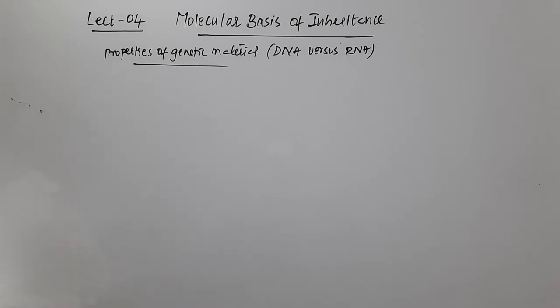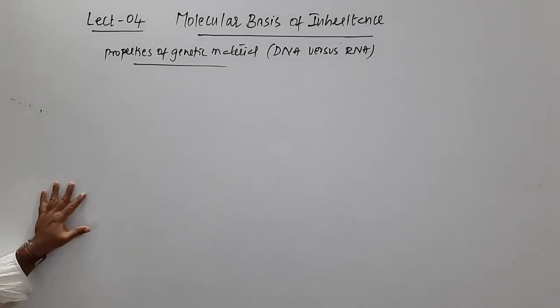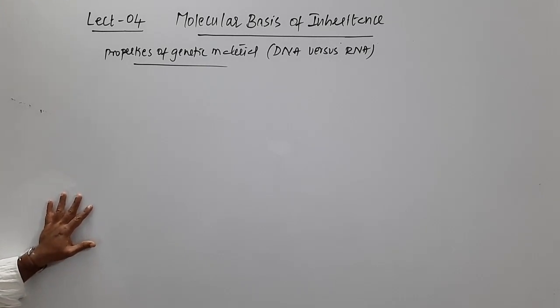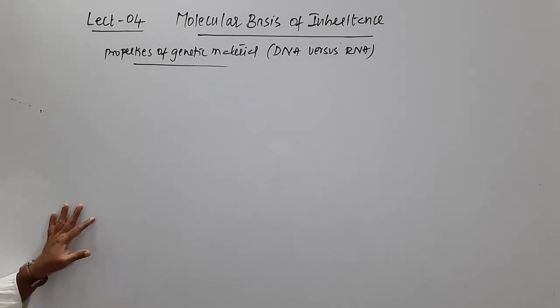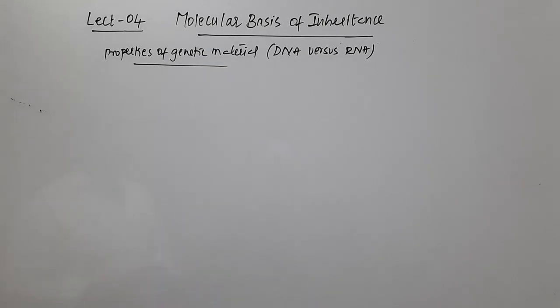To be a genetic material it should be able to generate its own replica, so it should be able to replicate by itself, should be stable chemically and structurally, should provide scope for slow changes, and should be able to express itself in terms of Mendelian characters. Those are the things I mentioned in the first sessions of this chapter.